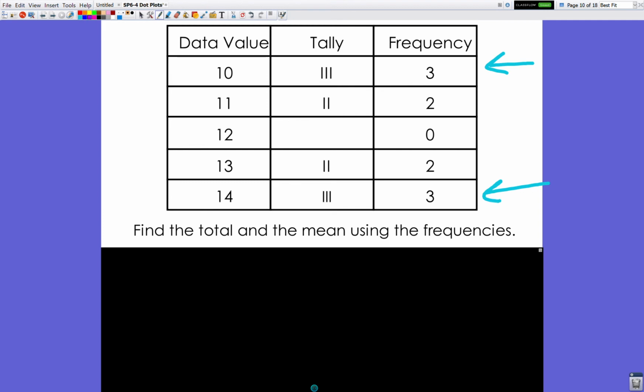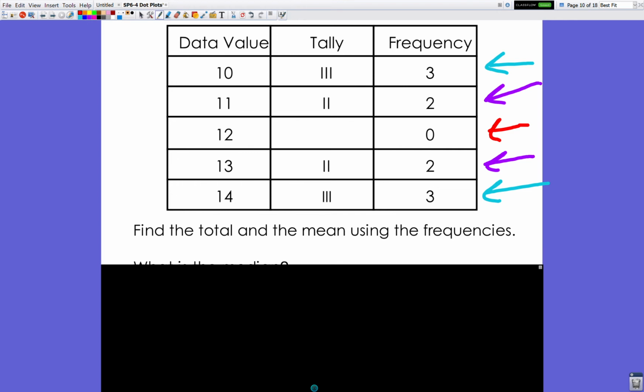And as I move inward, the next highest and the next lowest also have an equal frequency. And then you have a value in the middle. In this case, it has no frequency. So this balance means if I were to fold my table, they would be exactly equal on both sides, like a reflection.